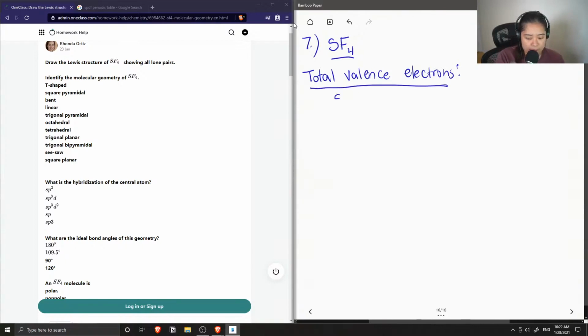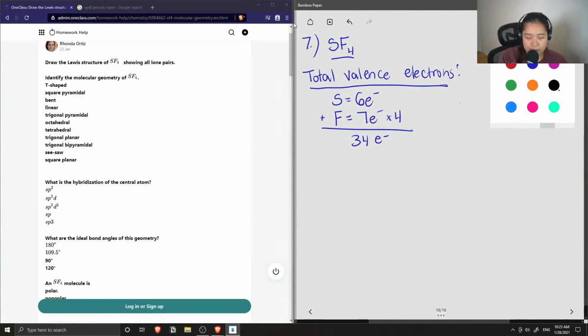Sulfur has 6 valence electrons, and fluorine has 7. Since there are 4 fluorine atoms in this molecule, we multiply this by 4, and we get a total of 34 valence electrons.